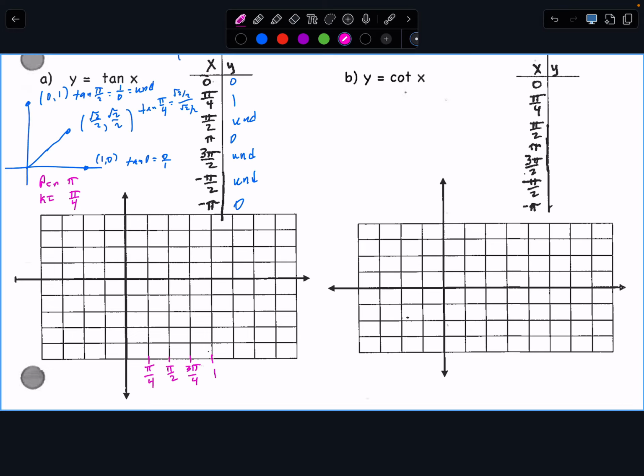Then we would have pi and 5 pi fourths. 3 pi halves. And then you are at 7 pi fourths. And then we are at 2 pi. And to the left, negative pi fourths, negative pi halves. And we're just going to stop with that.